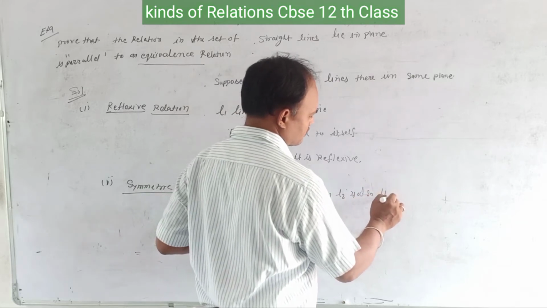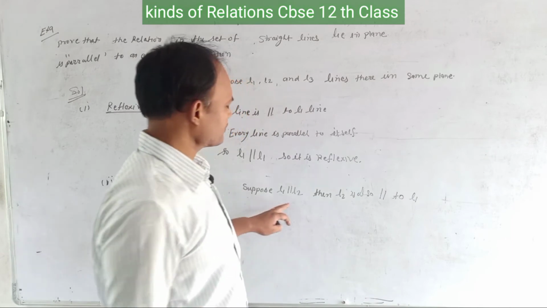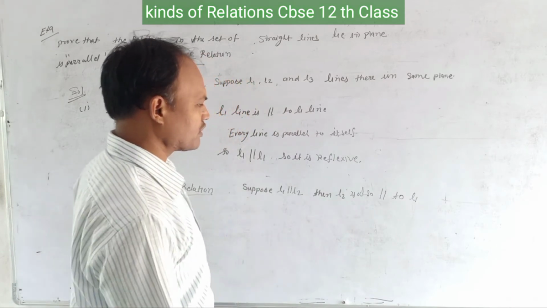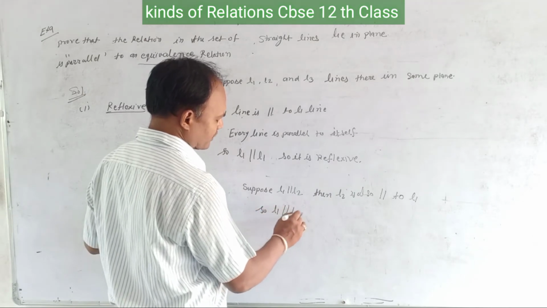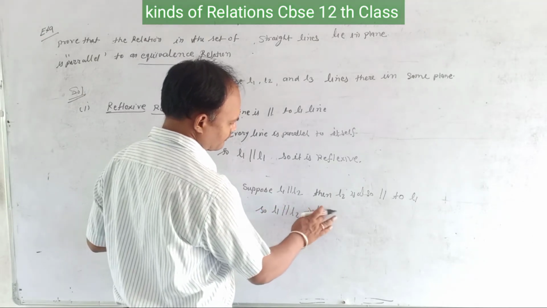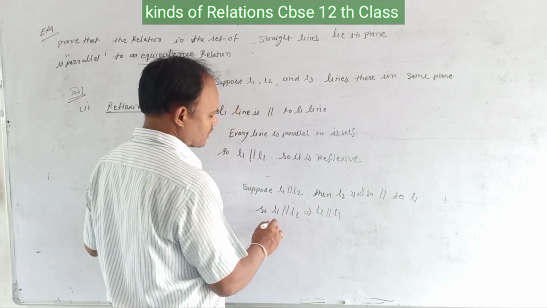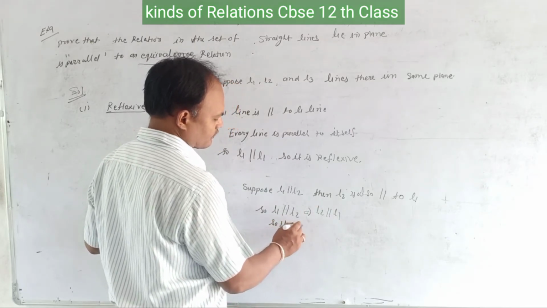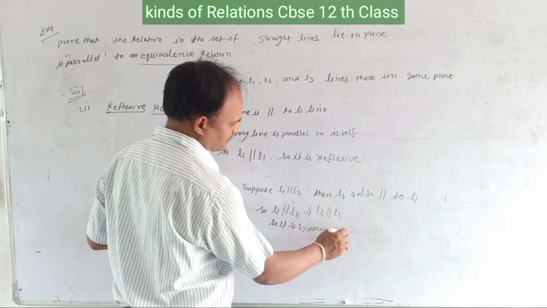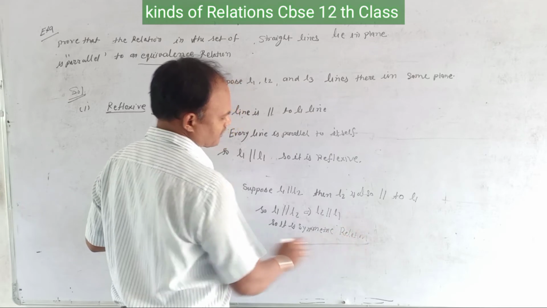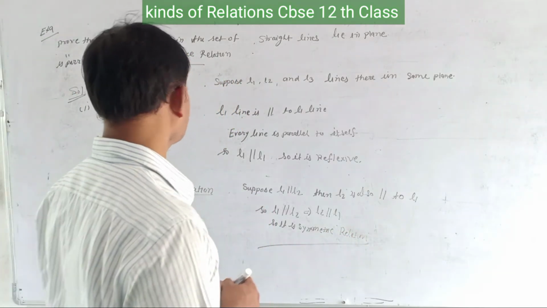Suppose L1 is parallel to L2, then L2 is also parallel to L1. So L1 parallel to L2 implies L2 parallel to L1. So it is a symmetric relation.